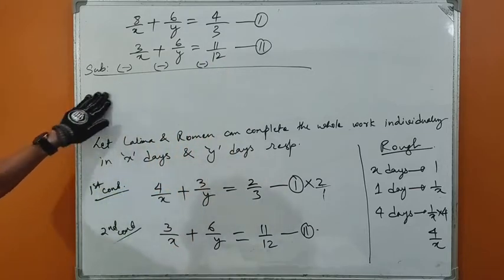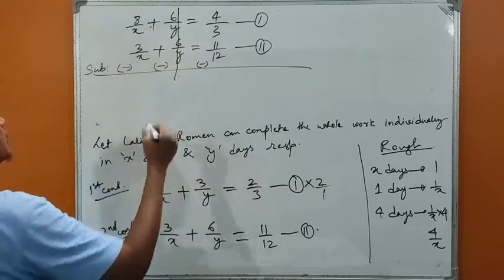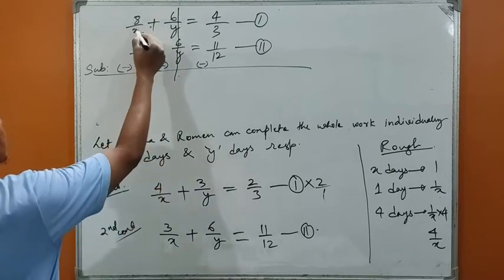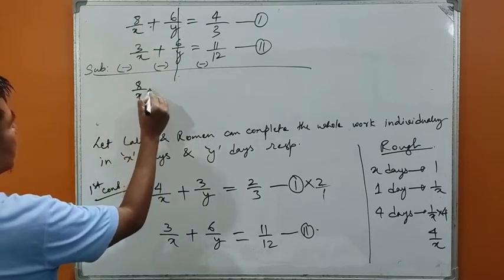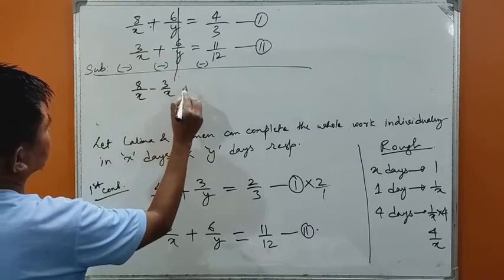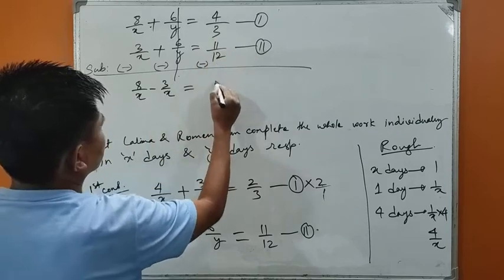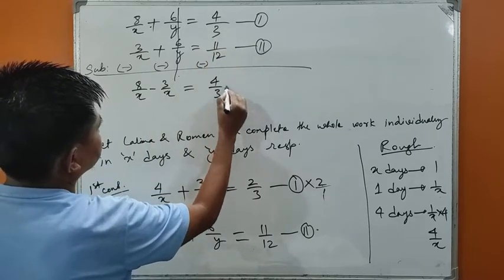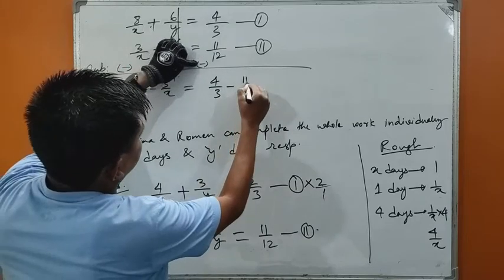Okay, now plus 6 upon y and minus 6 upon y can be cancelled, isn't it? So 8 upon x minus 3 upon x equals to 4 upon 3 minus 11 upon 12.